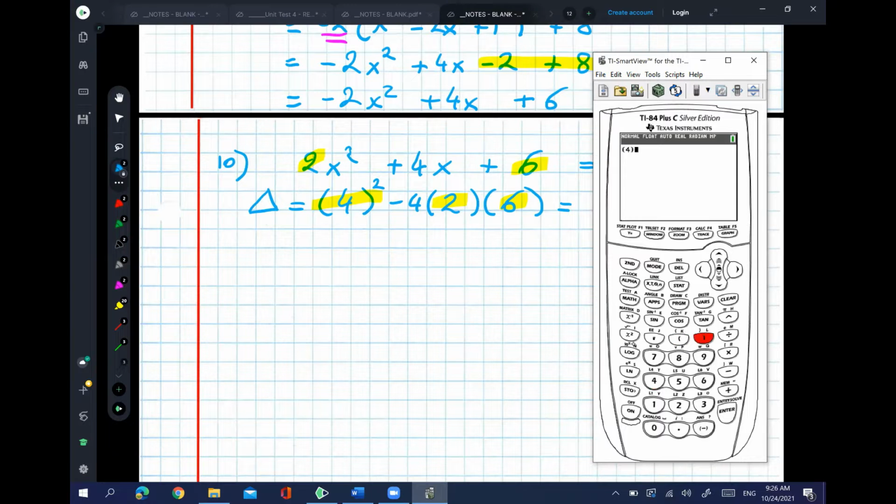b squared minus 4 times a times c. You press enter, and you're supposed to find here a negative number. Here, negative 32.